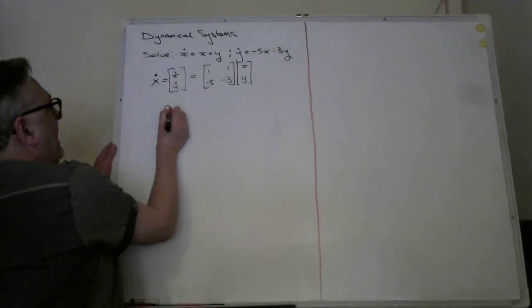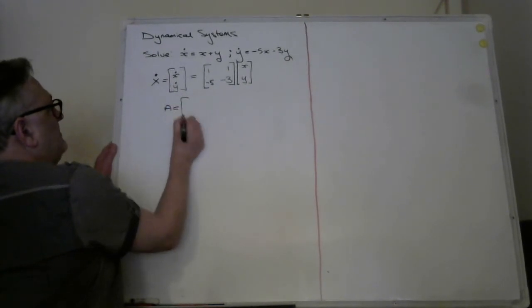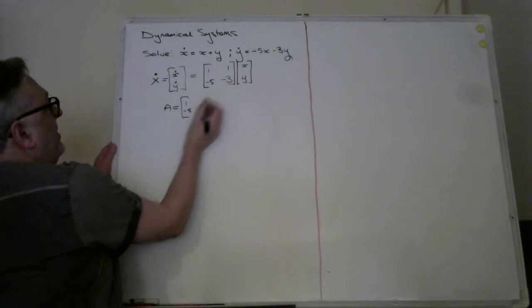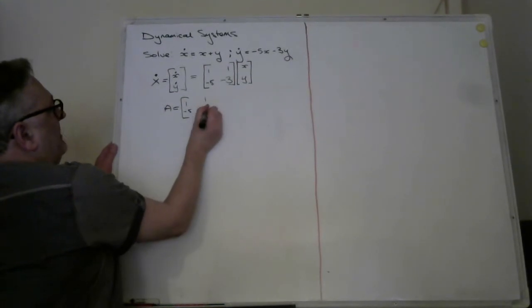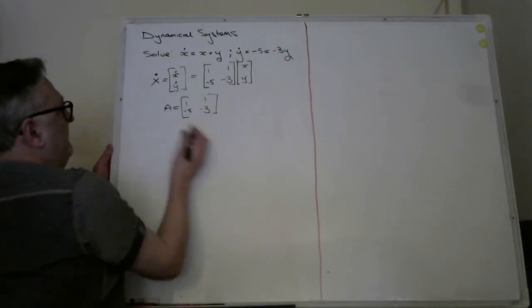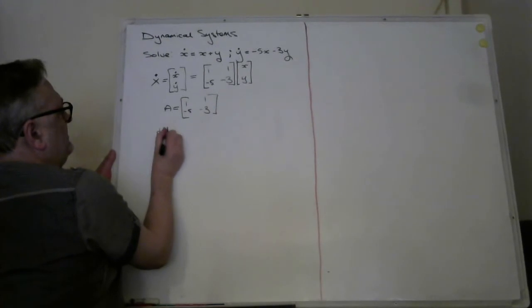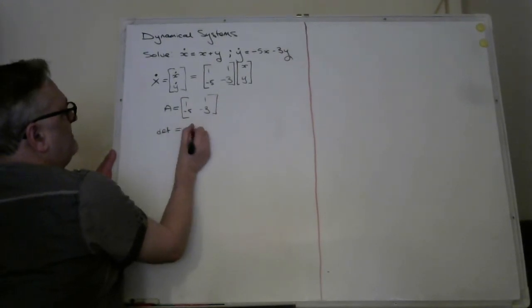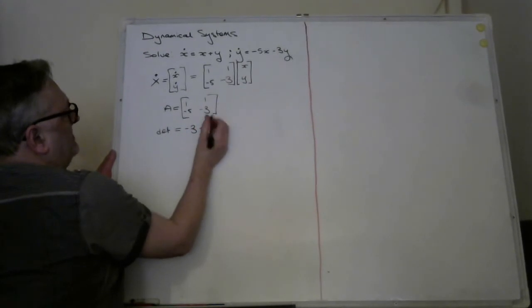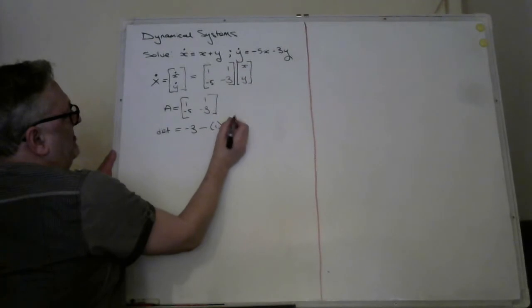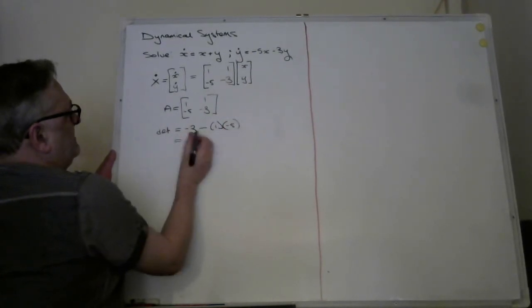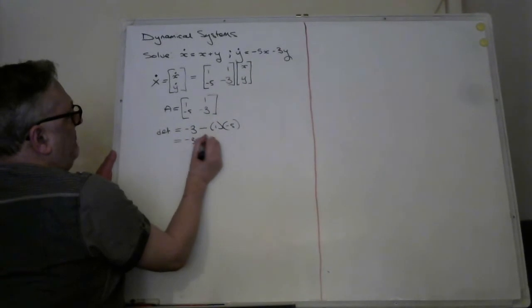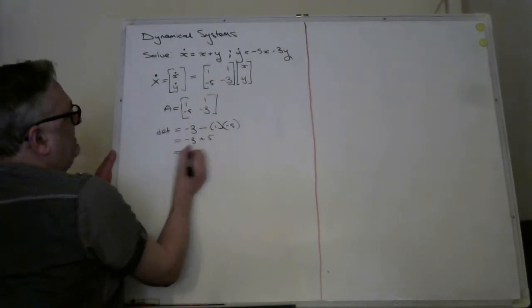So if we let A equal to 1, minus 5, 1 and minus 3, like that, then we see the determinant is equal to 1 times minus 3 is minus 3, minus 1 times minus 5, which is minus 3 plus 5, which is equal to 2.